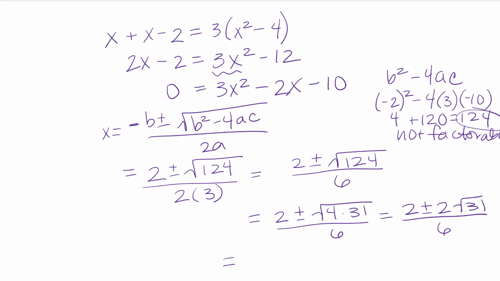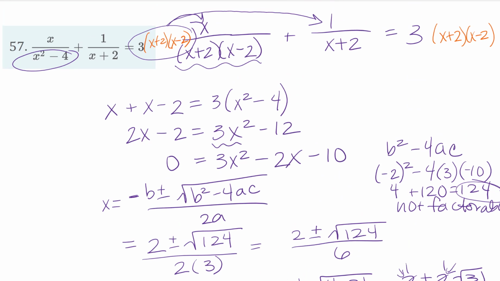So you can write this as two different terms, or just recognize this 6 is common with this 2 and this 2. So if you divide 2 out of every single one of those, you get 1, 1, and 3. So your final answer is 1 plus or minus square root 31 all over 3.